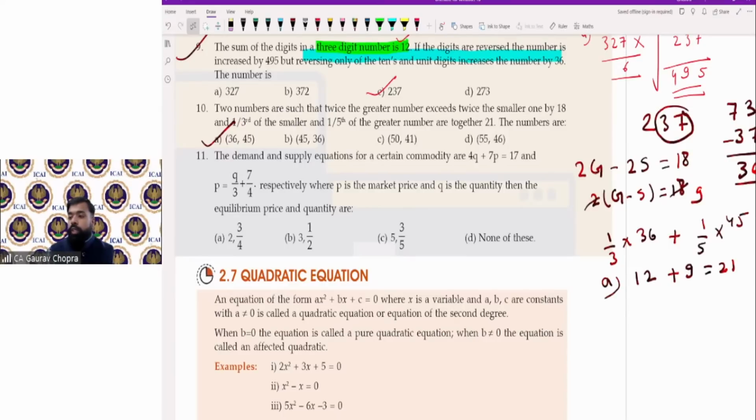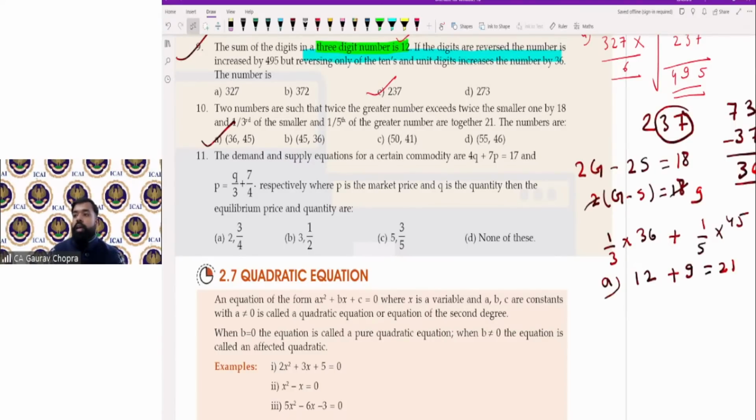Now comes question number 11. The demand and supply equation for a certain commodity is given, and P is the market price, Q is the quantity. Then find the equilibrium price and quantity. So again, put the option and see which one is satisfying.